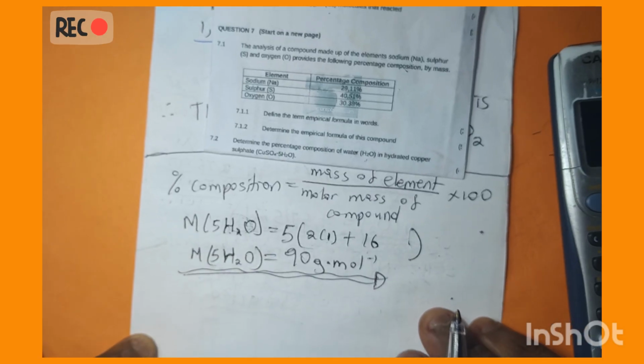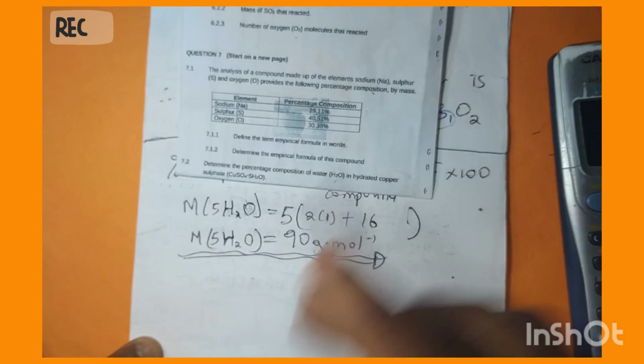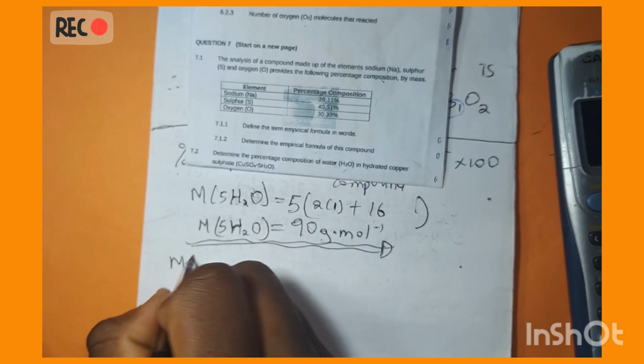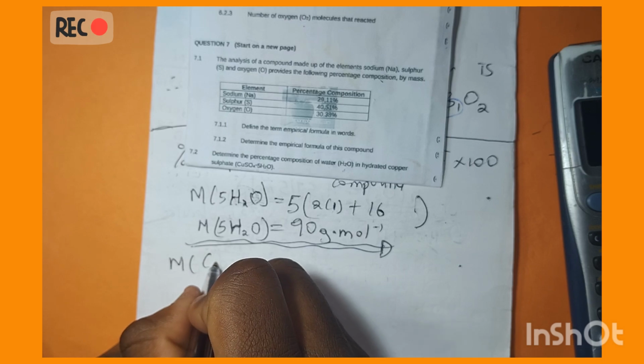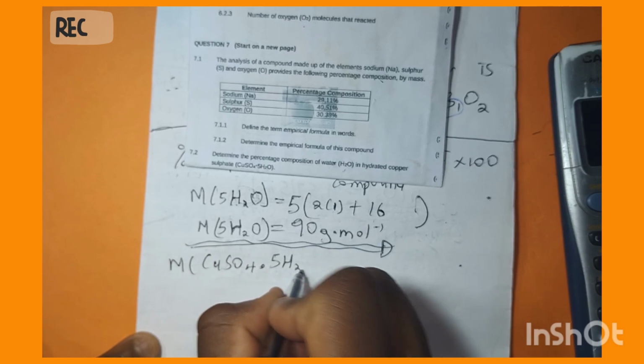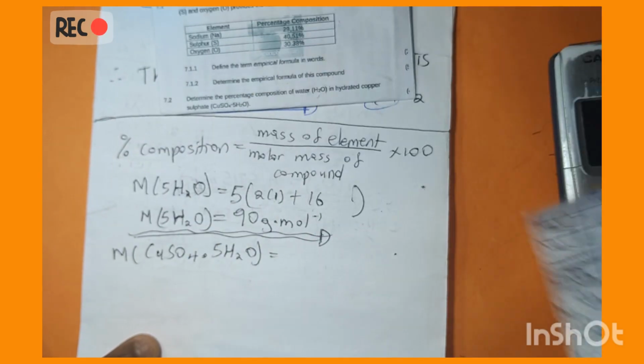Now I should also get the molar mass of the compound, which is CuSO4 multiplied by this. So I will take my periodic table.